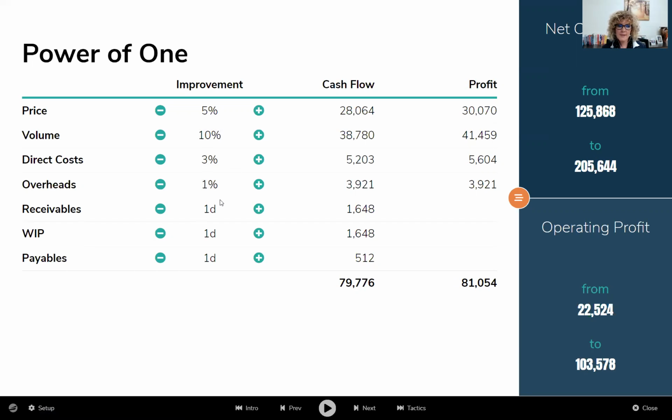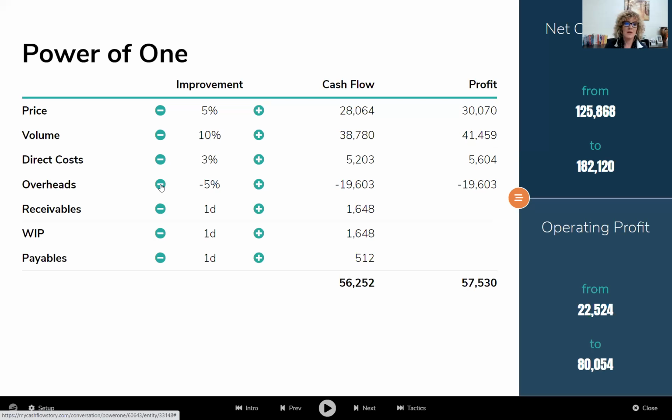With your overheads, when a business is growing, I would highly doubt that there are any savings in overheads at all. Usually it costs you more to grow a business. So we might say, well, look, 5%, I need to spend more money to grow the business.